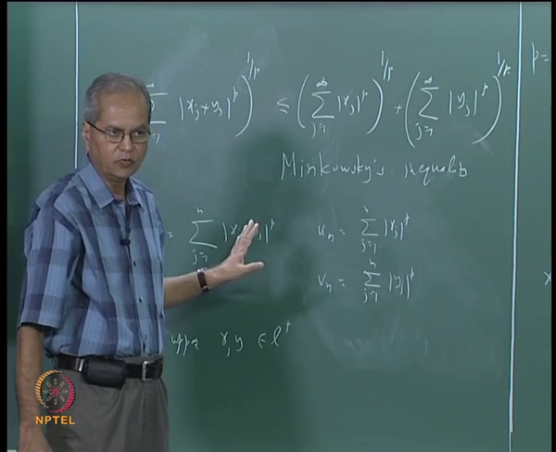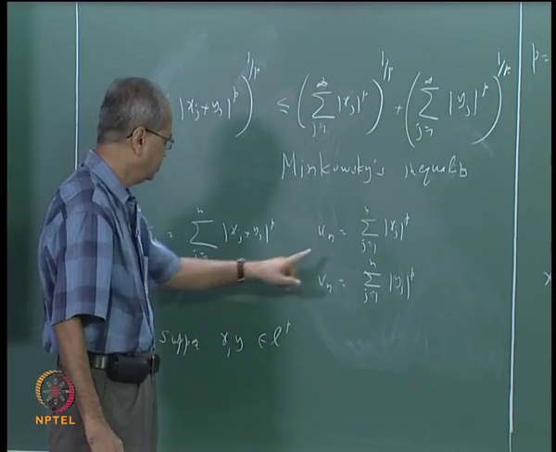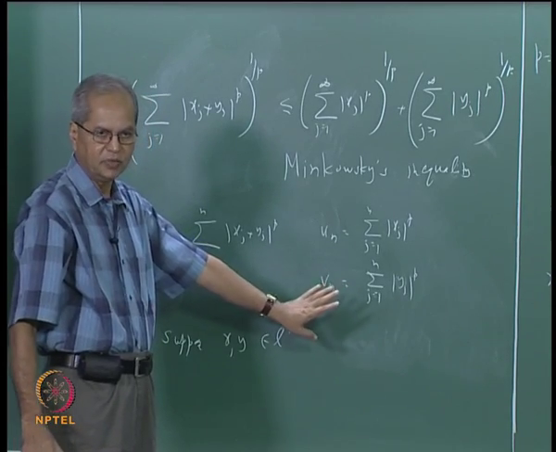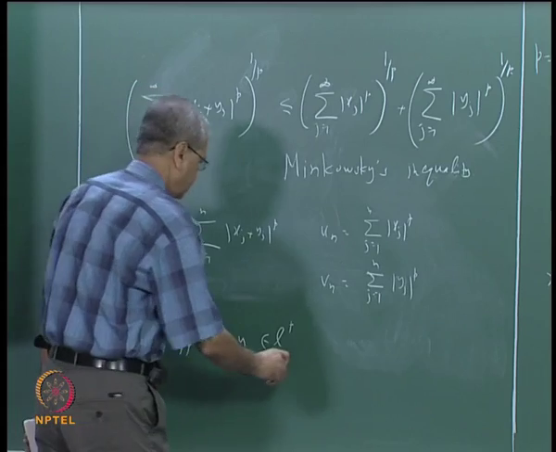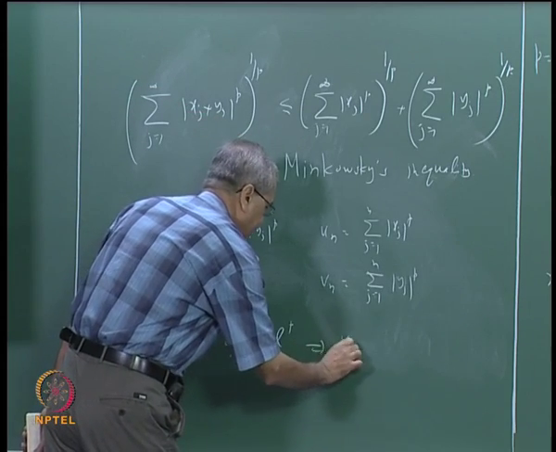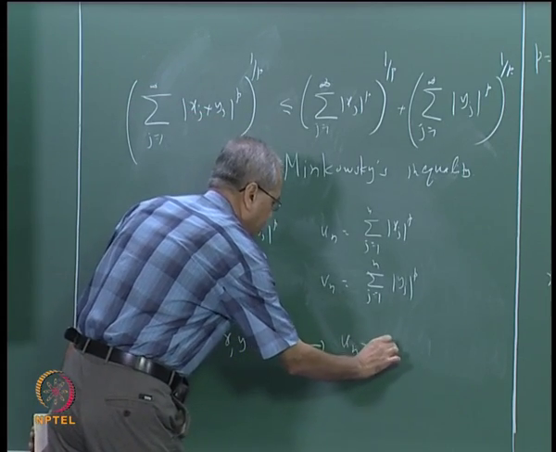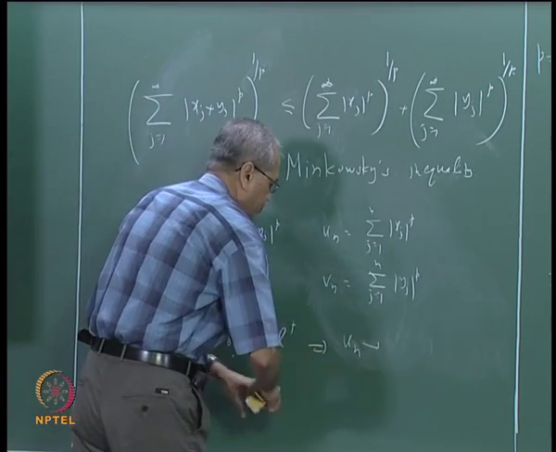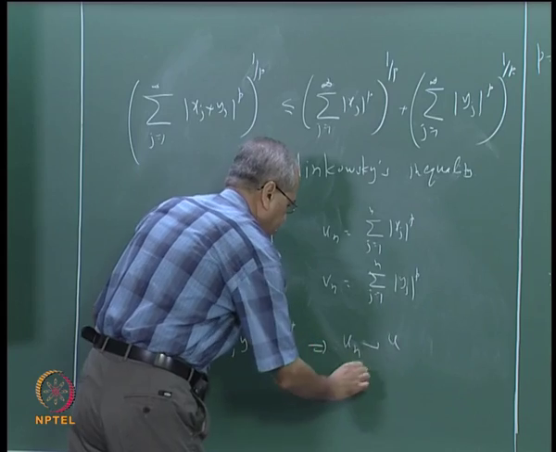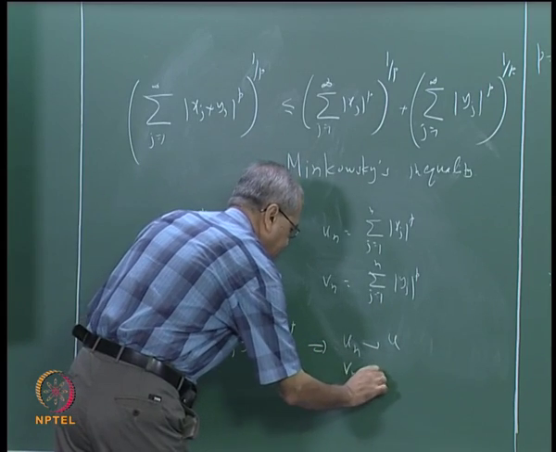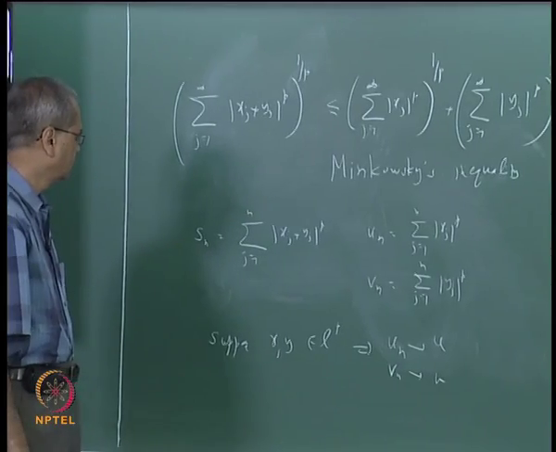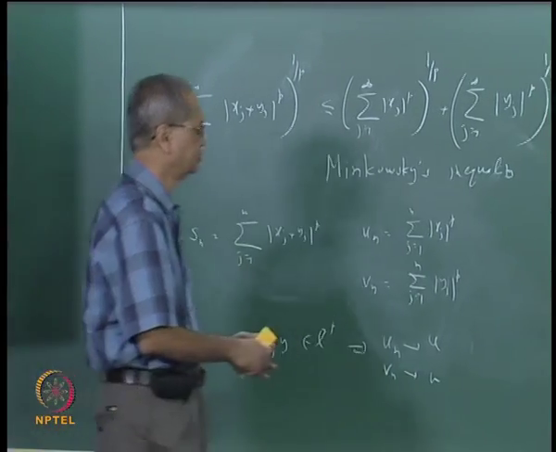That means un and vn have limits. So let us say un tends to u, and vn tends to v.